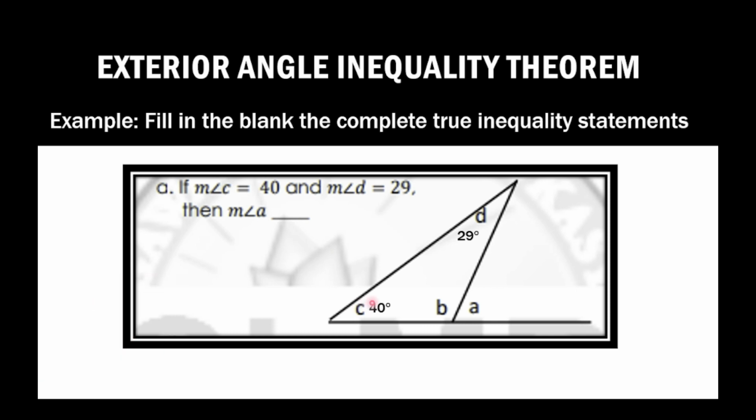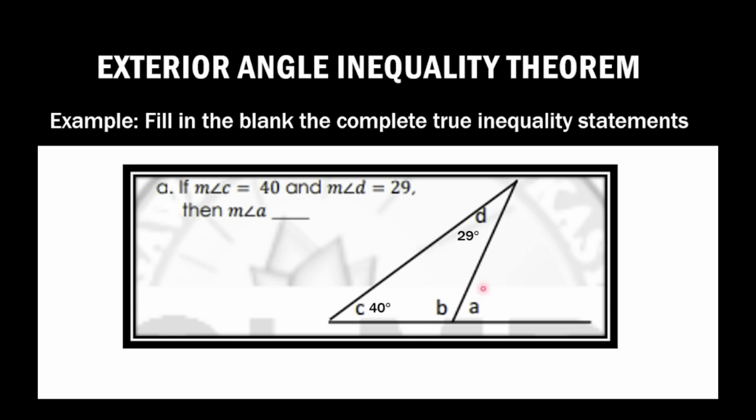So this is angle C. The measure of angle C is 40 and the measure of angle D, so this is angle D, that is 29. Then the measure of angle A is blank. As we analyze the given figure, angle A is an exterior angle.